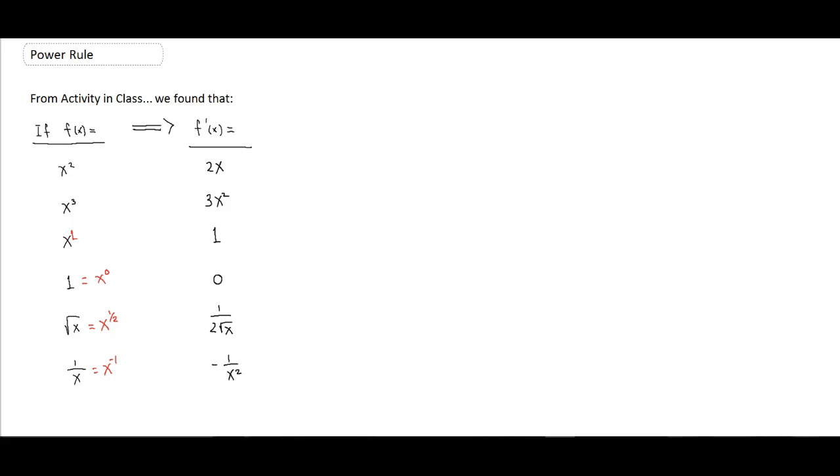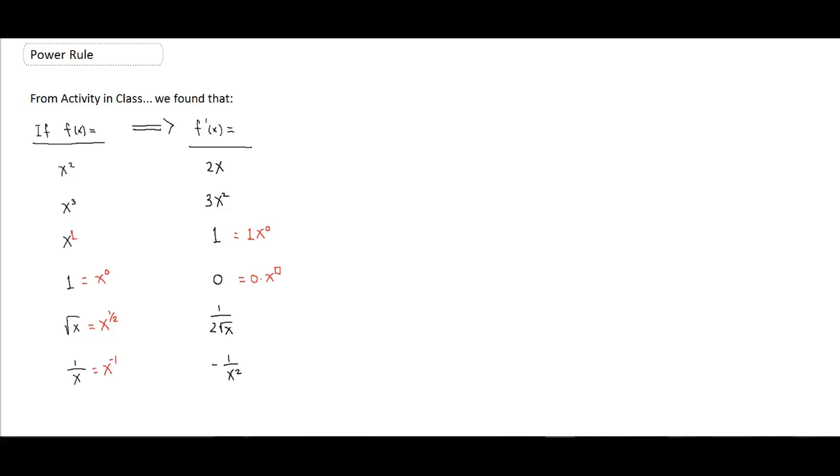So now comparing these x to a power functions to the results of the derivatives. Now let me just try to emphasize the fact that 1, you can write this as 1 times x to the 0. And of course 0 is 0 times x to whatever the power.